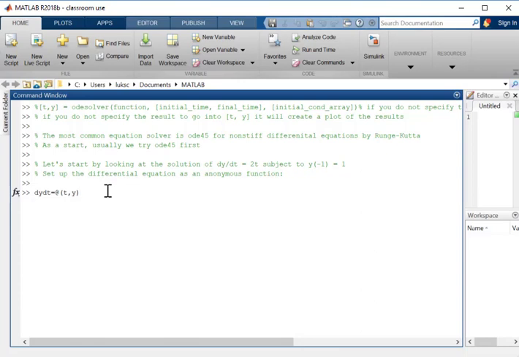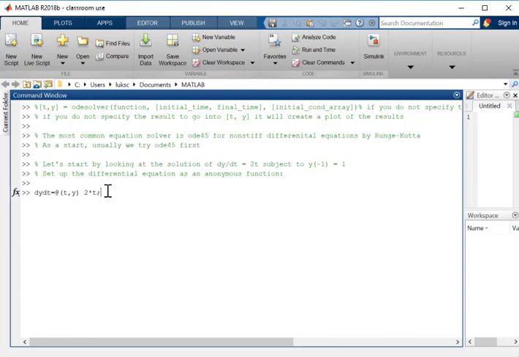And so I want to list both of those, and then that function is actually 2 times t. All right, so that's going to be my function. And so far so good.